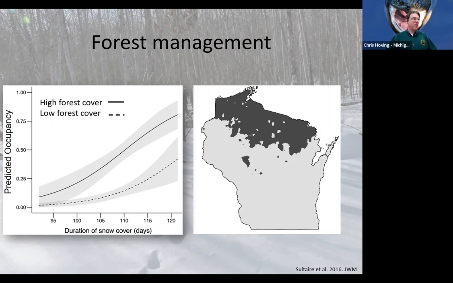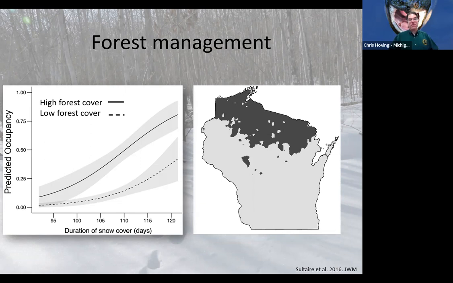And you can see here on the left that the solid line, areas with high forest cover, tend to have snowshoe hare longer, even as you decrease the duration of snow cover. So even as snow cover decreases, you tend to lose more habitat, and lose it faster, this dotted line, in areas with low forest cover compared to high forest cover.